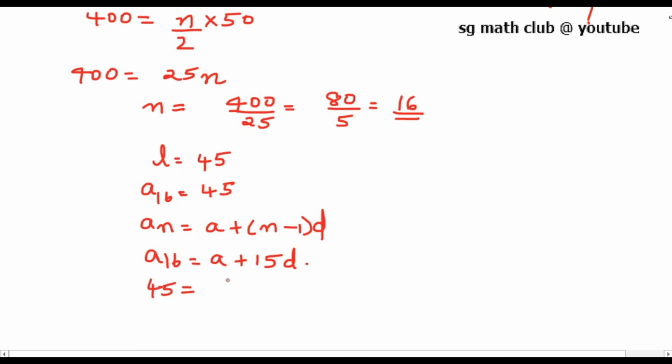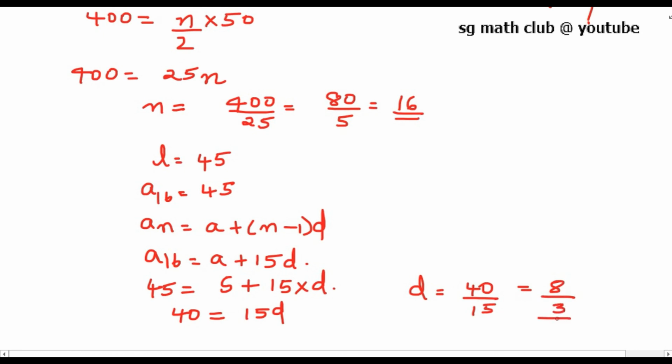Again the first term they have given as 5. So 45 minus 5 is 40. 40 equal to 15D, or D equal to 40 by 15, which is equal to 8 by 3. So D is 8 by 3 and n is 16.